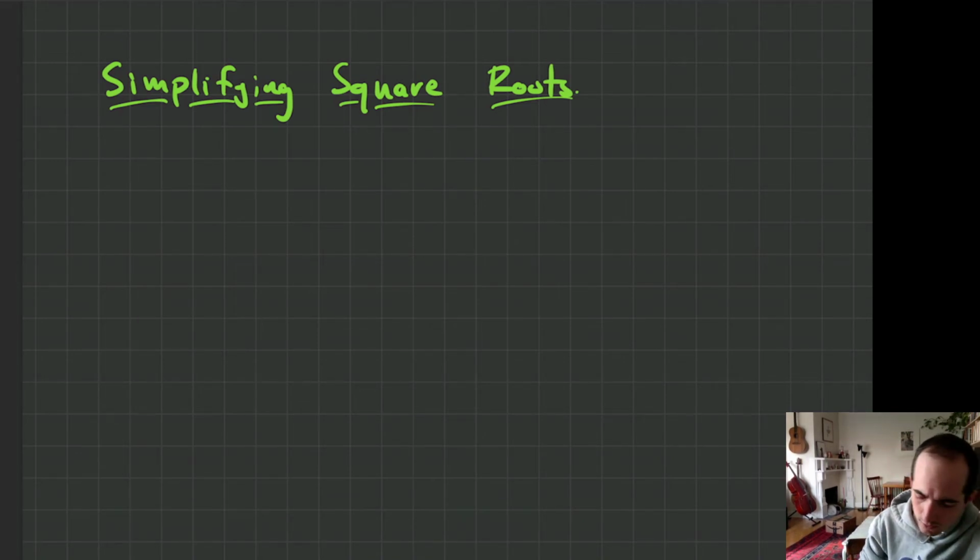So simplifying square roots. I'm just going to do a series of examples.